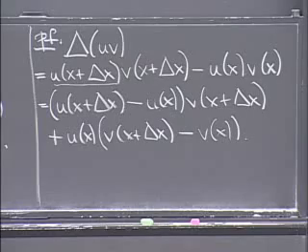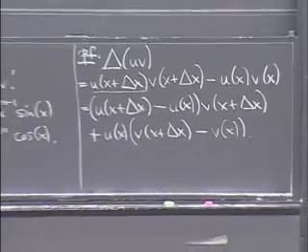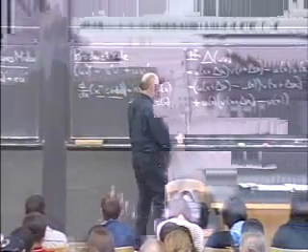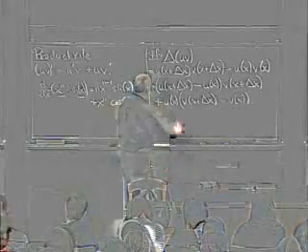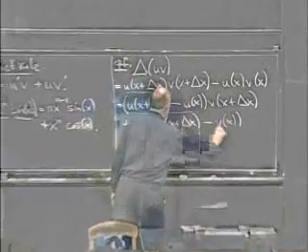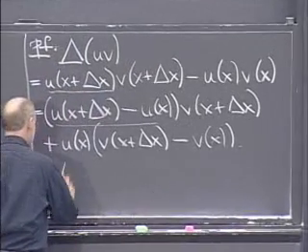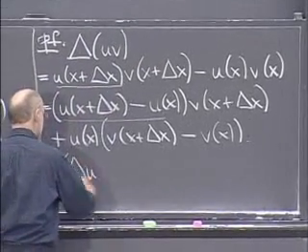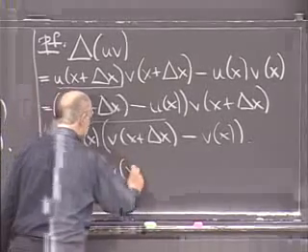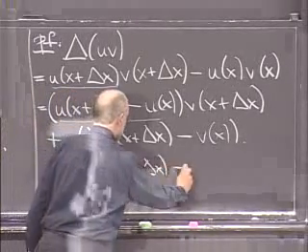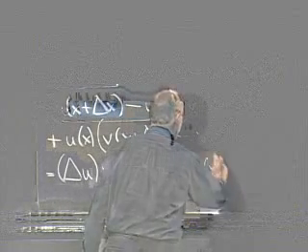So that was a little bit strange, but when you stand back and look at it, you can see, multiplied out, the middle terms cancel, and you get the right answer. Well, I like that because it involves the change in u and the change in v. So this is equal to delta u times v of x plus delta x plus u of x times the change in v.